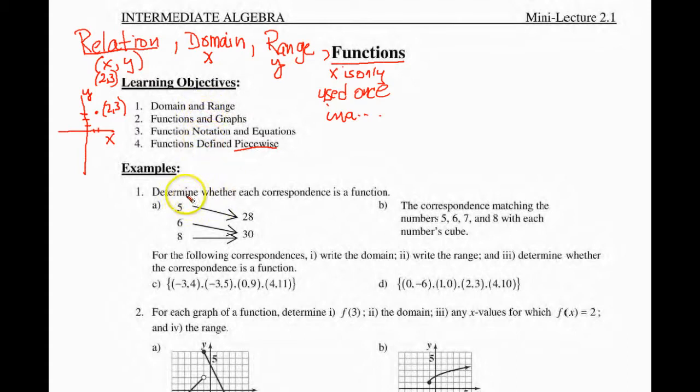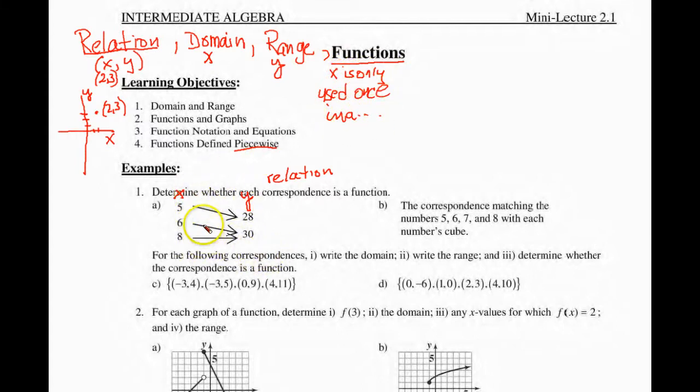Now, here they're asking us to determine whether each correspondence, you can substitute relation here for the word correspondence, is a function. Now, think of this first column as your x items and the second column as your y items. Now we're saying something is a function if the x item is only used once in a combination.